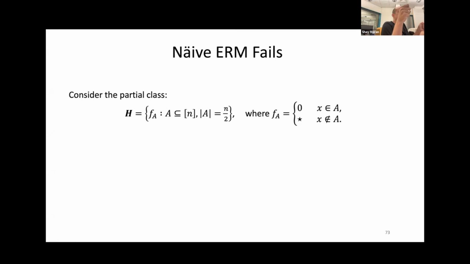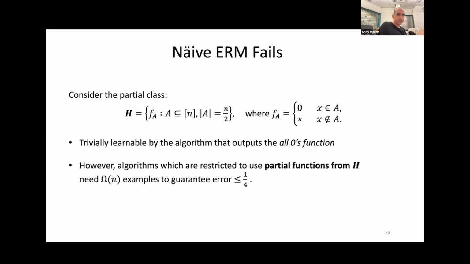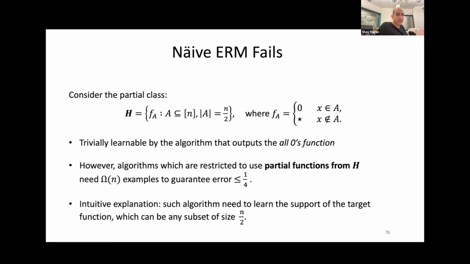But if you insist on the naive ERM, then you must choose a partial function from this class. So it is trivially learnable by the algorithm that outputs the all zero function. However, algorithms which are restricted to use partial functions from H need omega of n examples to guarantee error at most 1/4. And why is that?